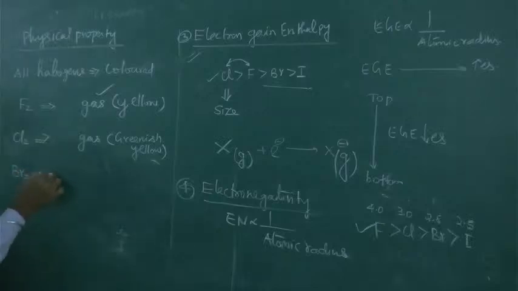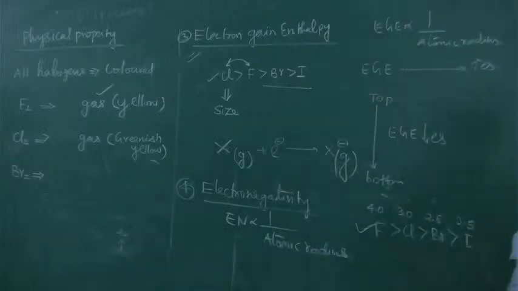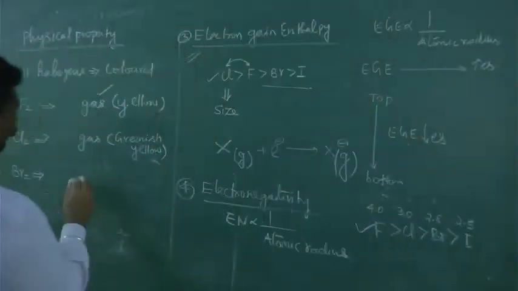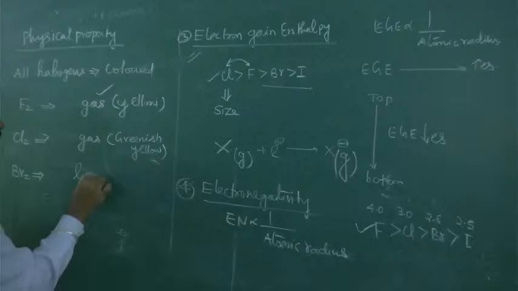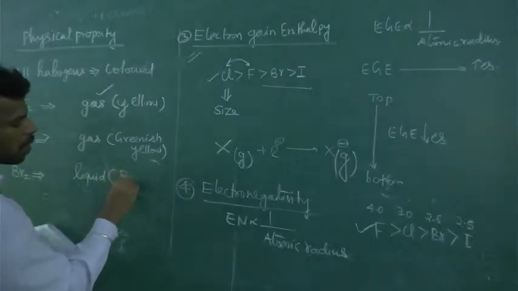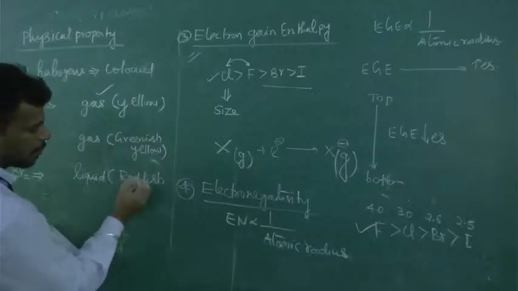Next, Br2. What physical state is it? Any idea? Liquid. Br2 is going to be a liquid, and the color is a reddish brown liquid.